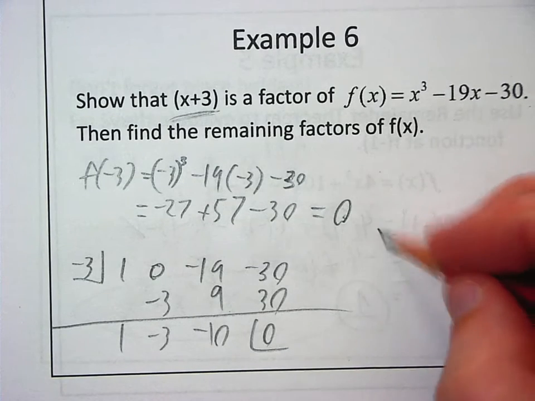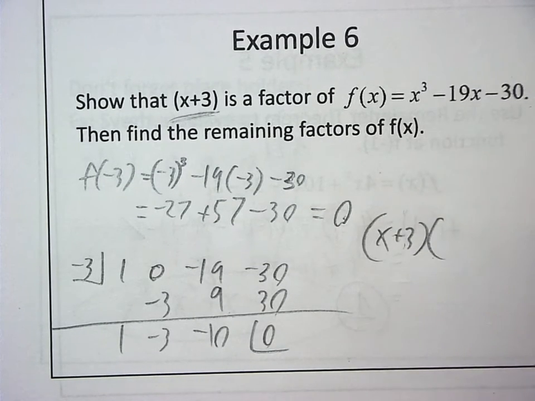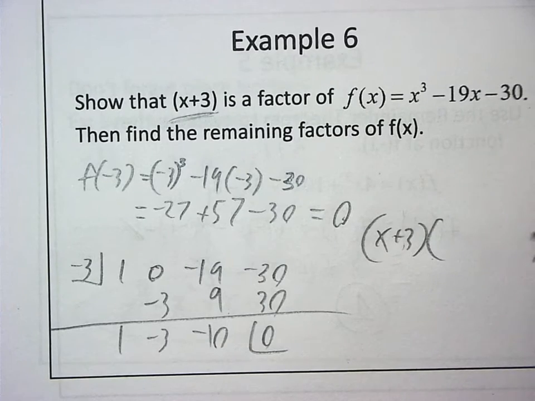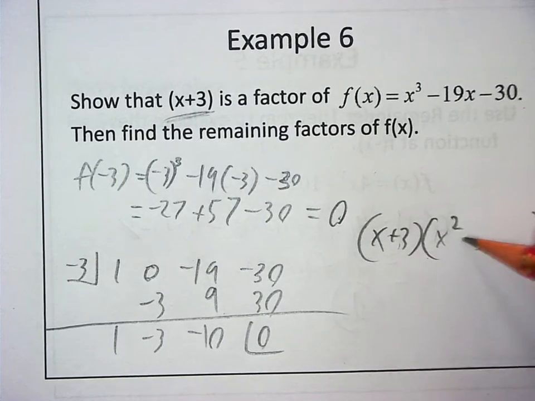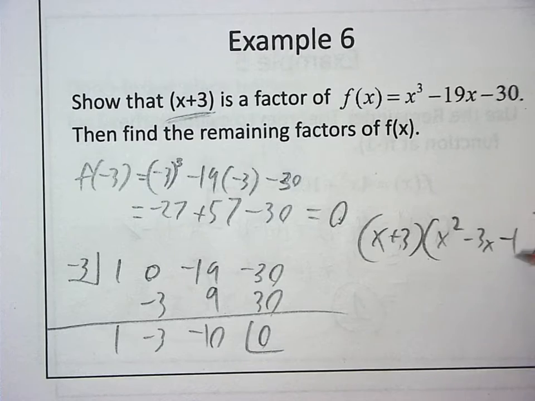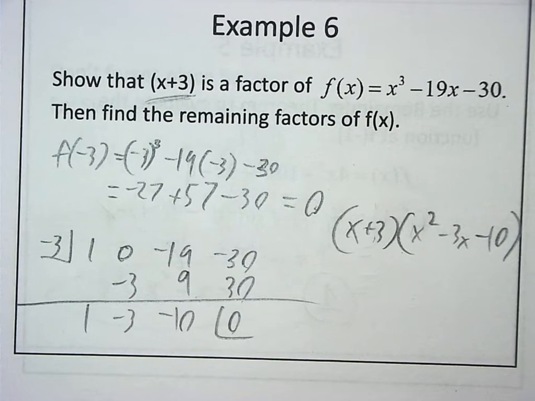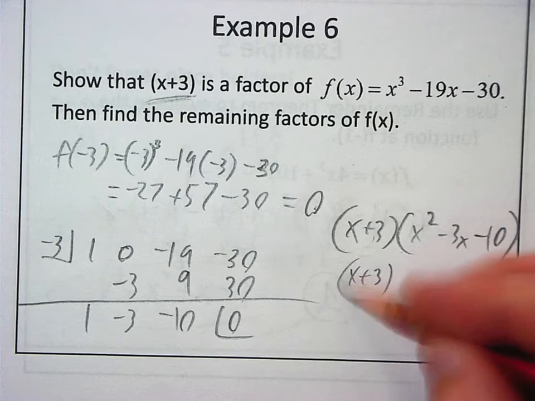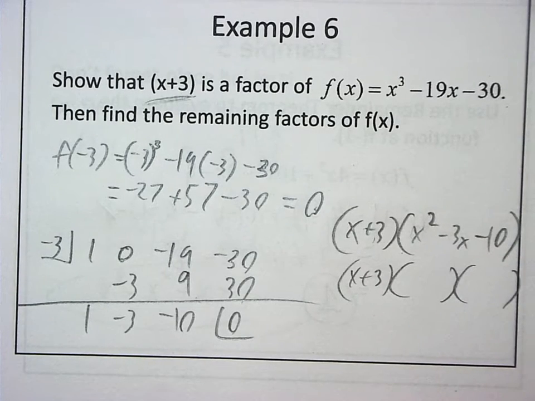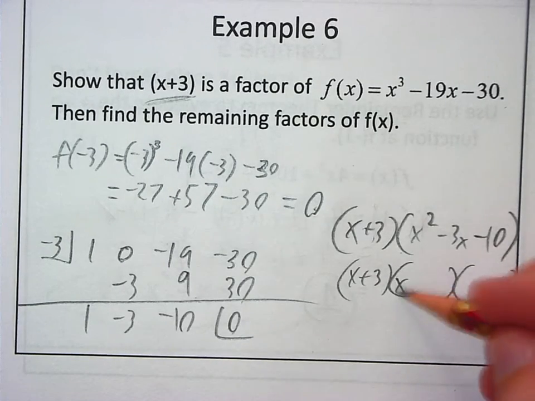So what that means is, so far I have x plus 3 times what? X squared minus 3x minus 10. So now with this, can I factor that further? Yeah, you can.